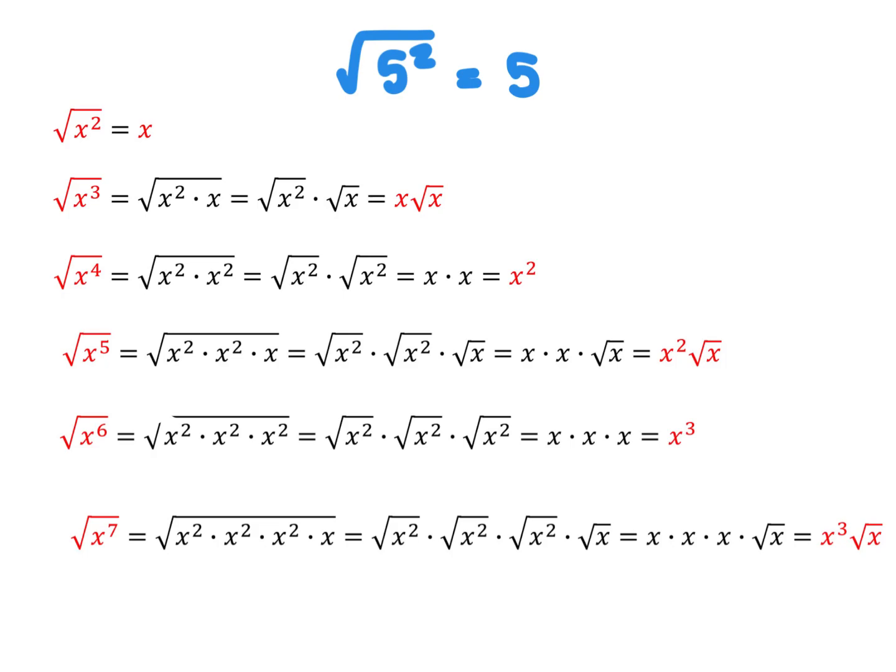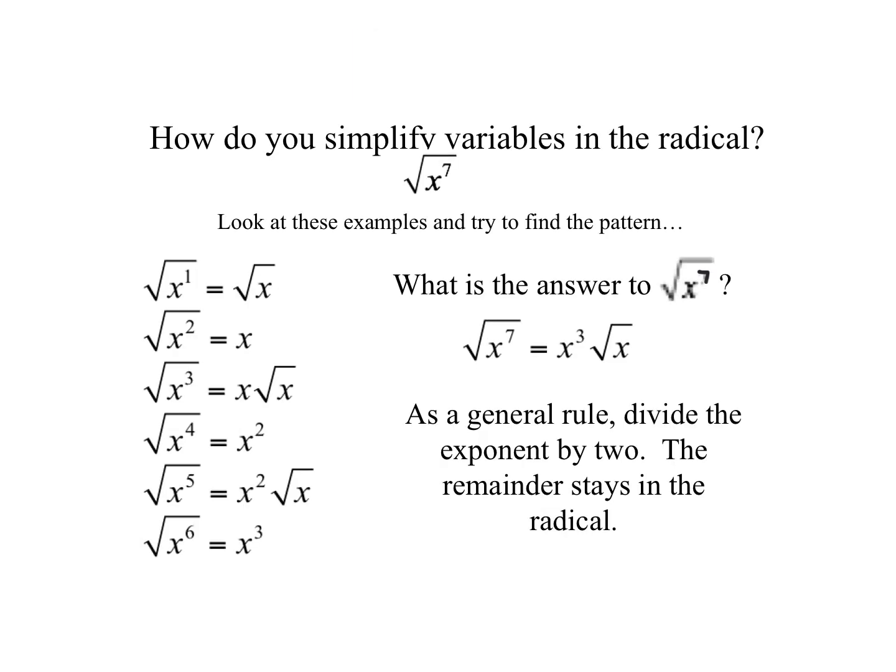So what I can see from looking at just the answers, we can see a pattern in what happens. Essentially what we're doing is dividing by 2, and then whatever your remainder is left inside. So what we can use from this pattern is we can say that for each of these, you take the exponent, divide it by 2, and the remainder stays in the radical.